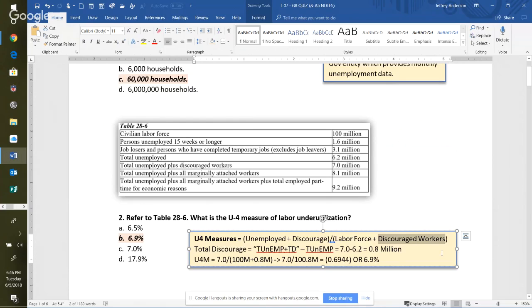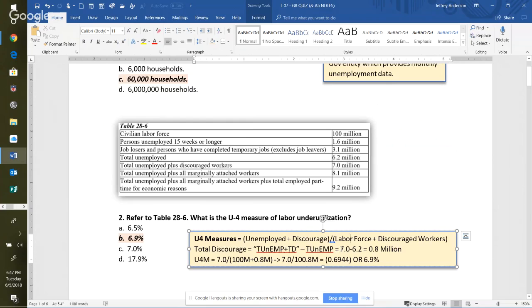So anyway, back up to this top formula. We take the unemployed plus the discouraged, which they do give us that sum of 7 million. And then we divide it by the total labor force, which was 100 million. And then we add that discouraged worker. That sounds funny.